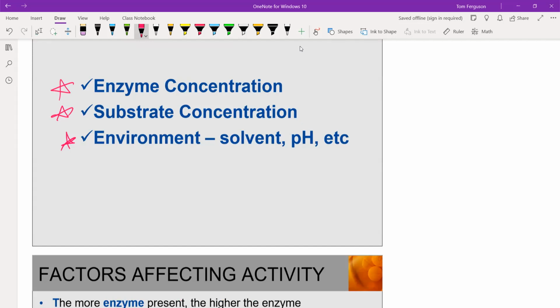So we have the enzyme, so this would be the catalyst concentration. The more catalyst there, faster the reaction will go. So the concentration of the enzyme is directly proportional to the speed of the reaction.